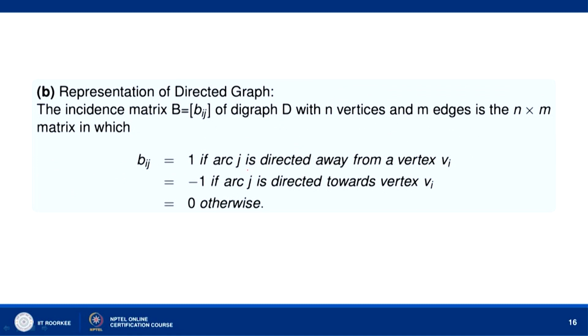Let us look at the definition for representation of a directed graph. The incidence matrix B equal to [Bij] of a digraph with n vertices and m edges is an n by m matrix, in which Bij equal to 1 if arc j is directed away from vertex Vi. If arc j is directed towards vertex Vi, Bij will have value minus 1, and it will have value 0 otherwise.